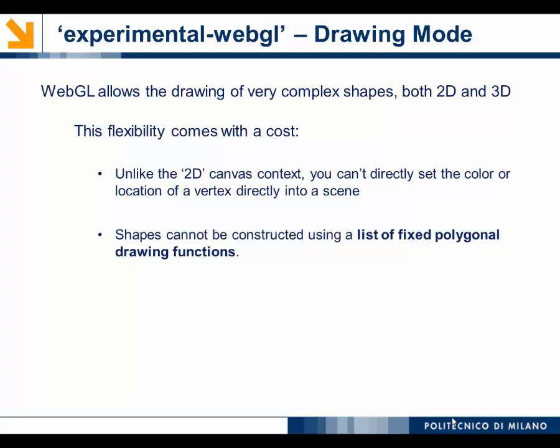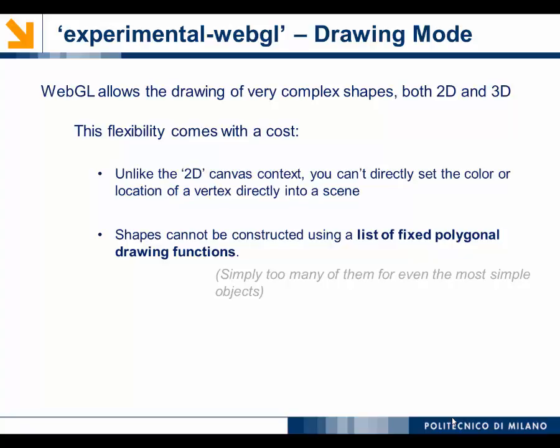You don't have at your disposal a list of fixed polygonal drawing functions. Mind that in the full OpenGL version there is a mode called immediate mode that is deprecated, where you can have some basic objects if you want them, but in production this is never used. Why don't you have a list of fixed polygonal primitives?